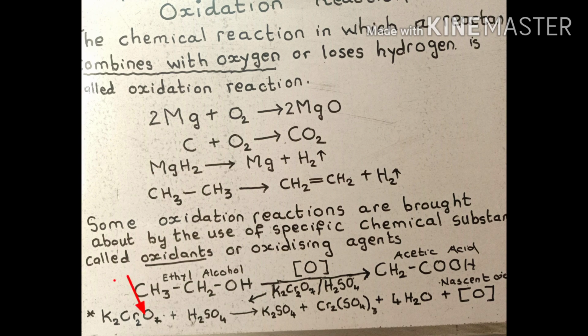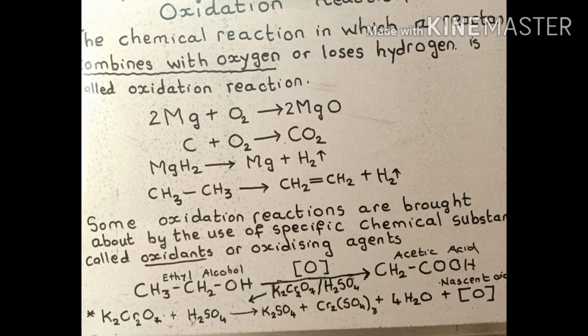K2Cr2O7 reacts with sulfuric acid to give nascent oxygen, and this nascent oxygen is what causes the ethyl alcohol to get converted into acetic acid, that is CH3COOH. So this is a very good example of oxidation which is taking place with the help of an oxidant or an oxidizing agent.